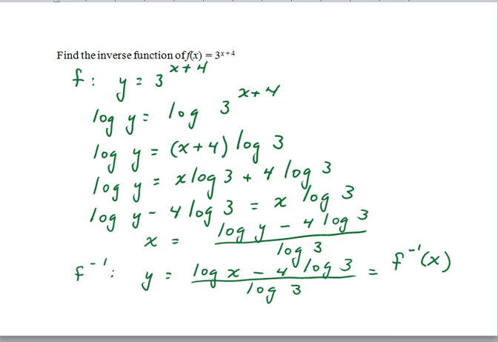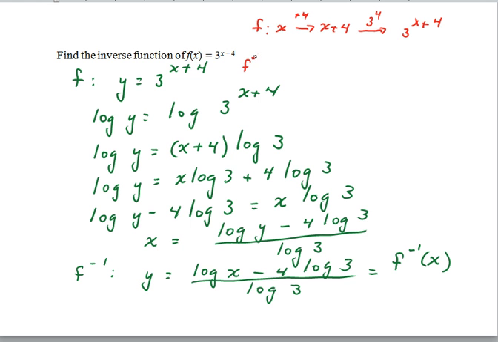In the one that said f of x equals 3 to the x plus 4, function f takes x to x plus 4 and then exponentiates base 3. So this would be then 3 to the x plus 4.